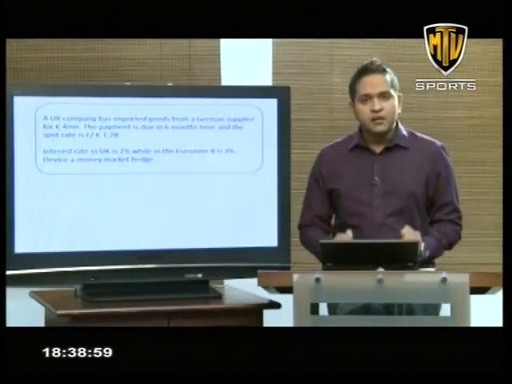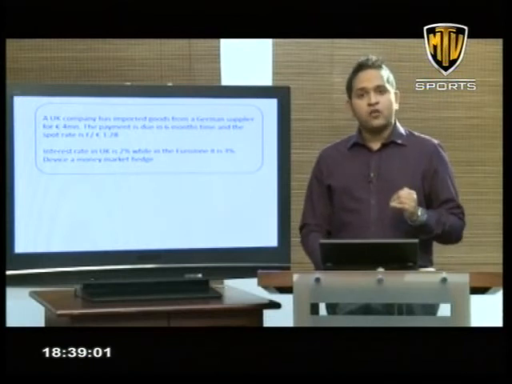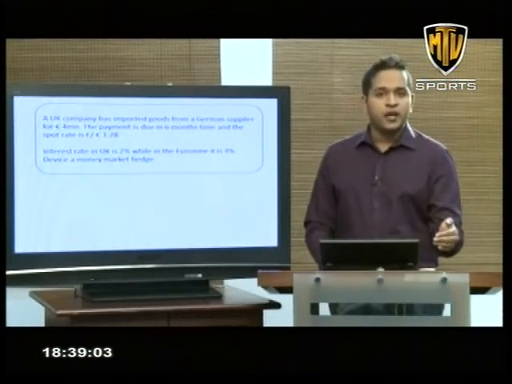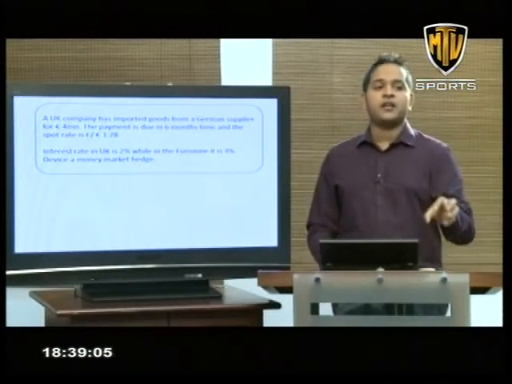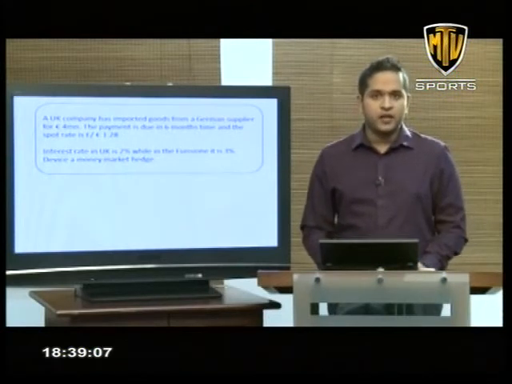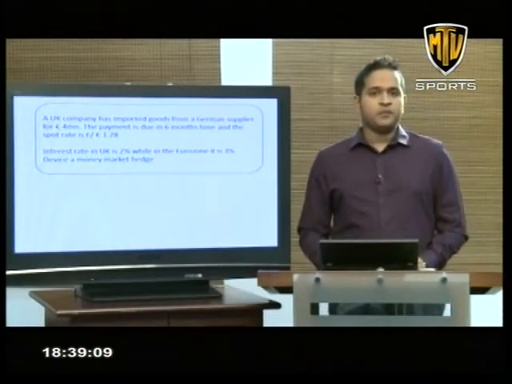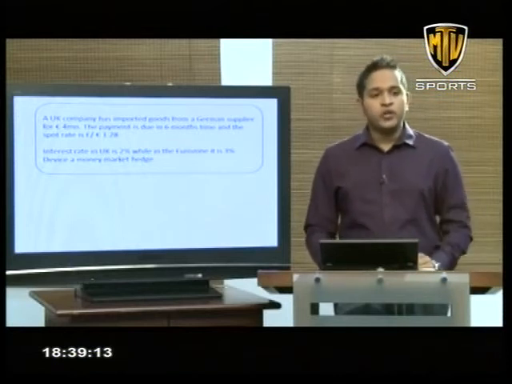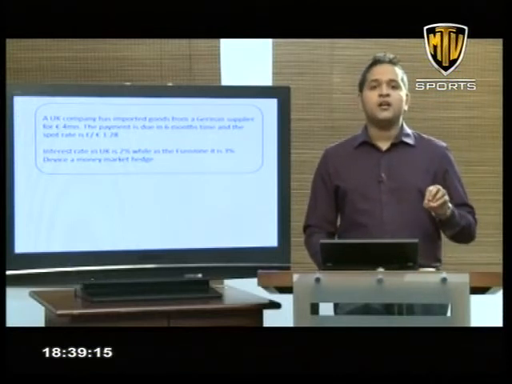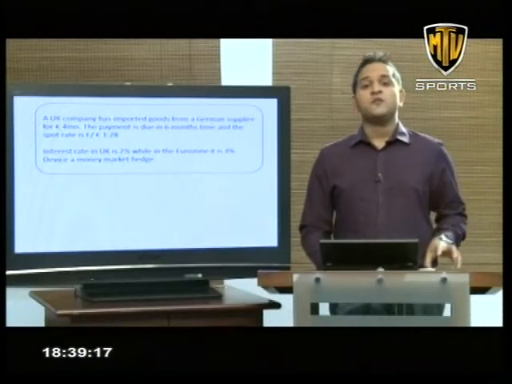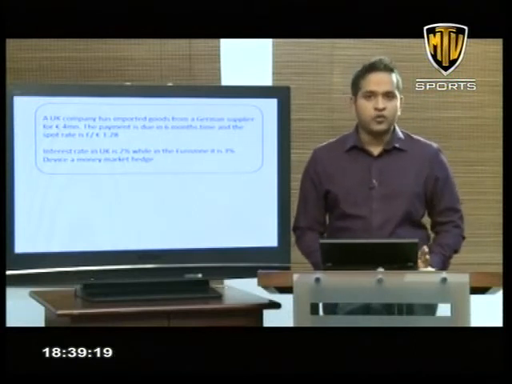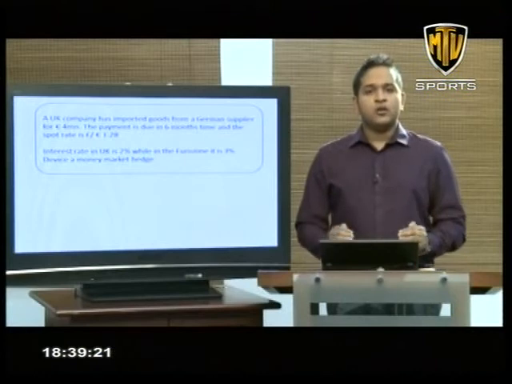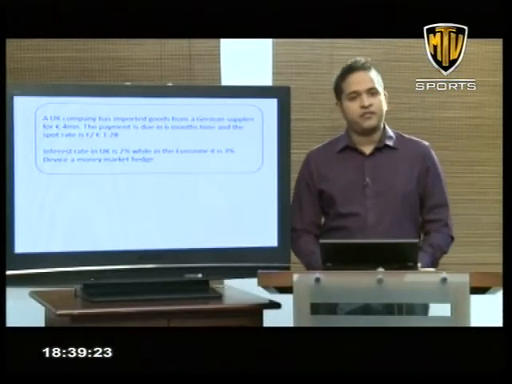So I will make a borrowing in my home currency, which will get converted today to euros, and I can create that euro deposit as well. Right? So I'm making a borrowing today in my home currency, convert it to euros, and create a euro deposit, which will exactly grow to 4 million euros. I will take you all through the detailed calculation right after this break.